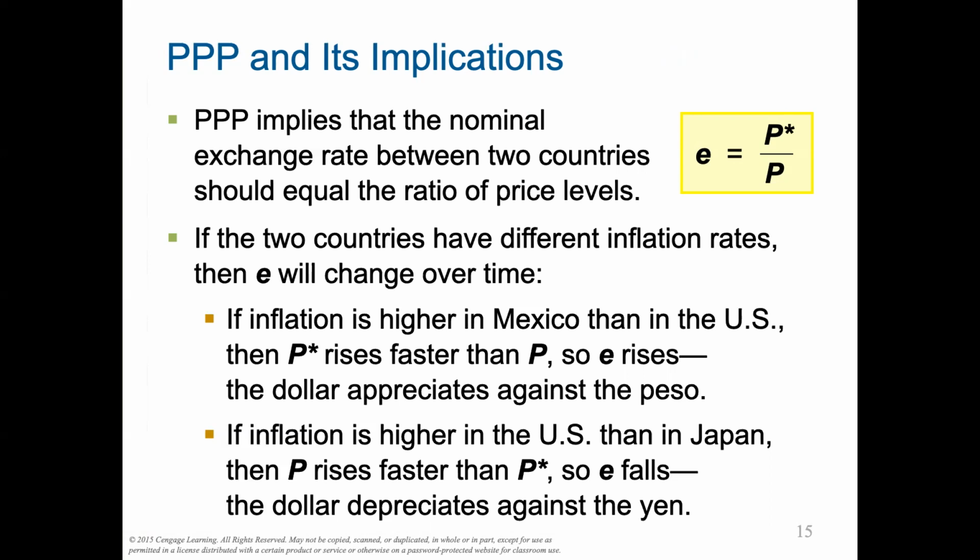So remember how we were talking about how inflation not only affects the United States economy, but it does have a global effect because it affects the price of our goods relative to the price of other goods? Well, here we go. This is where purchasing power parity and its implications come into play.